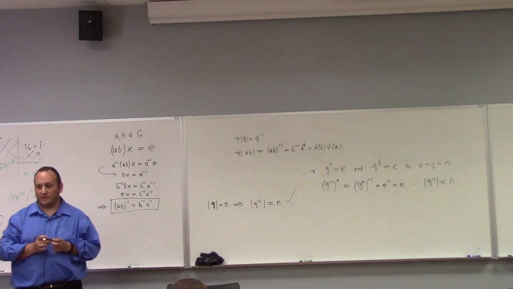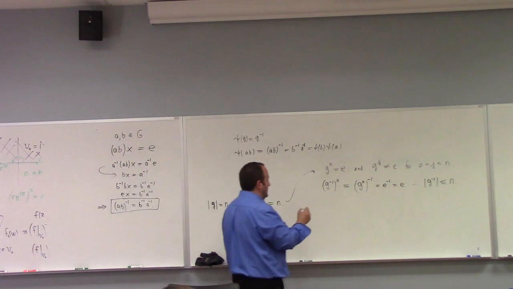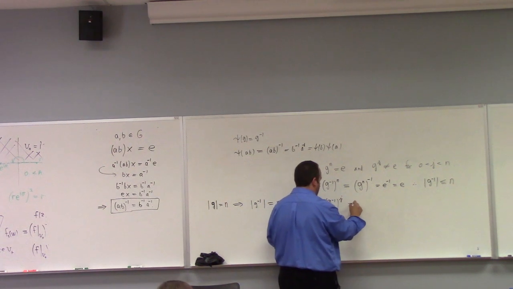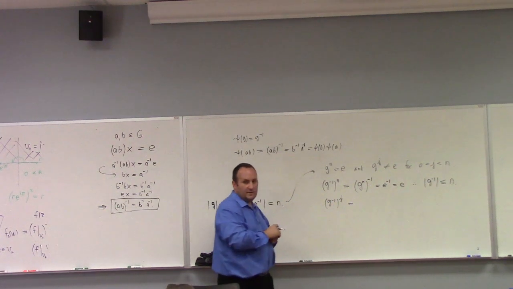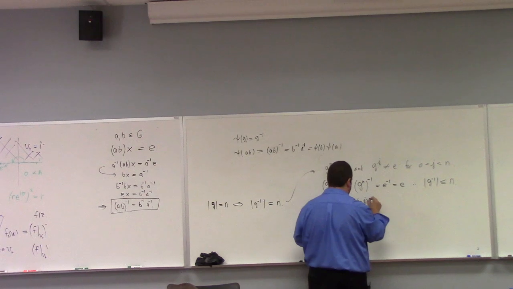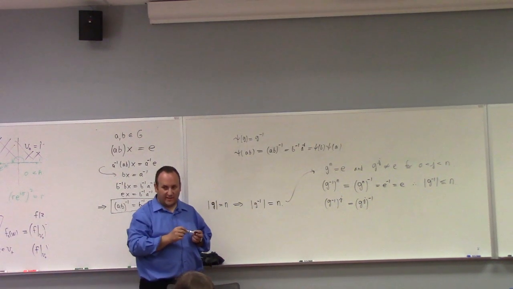And then we need to make sure that no lower power works, right? So if we look at g inverse to the j, what's that equal to? Again, g to the j, inverse, by laws of exponents. Suppose towards a contradiction that was equal to e.